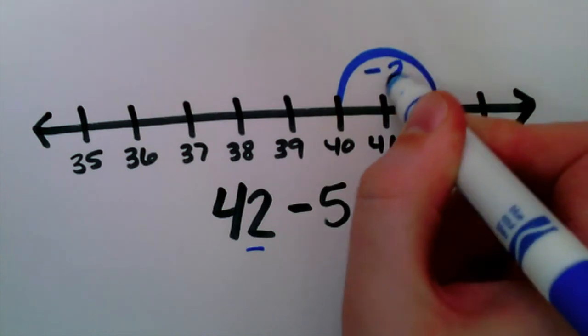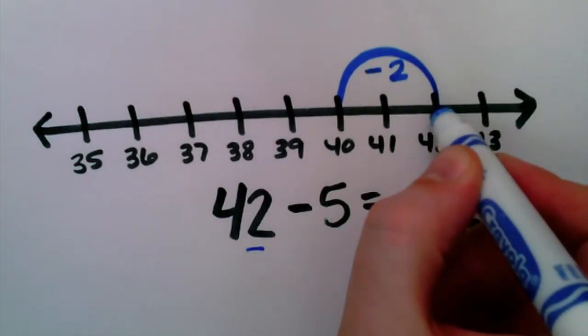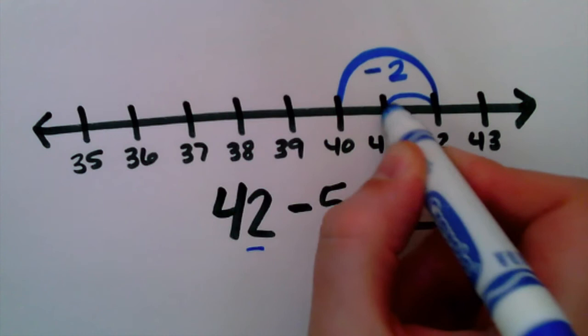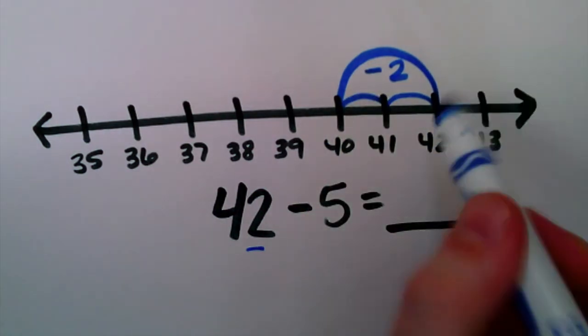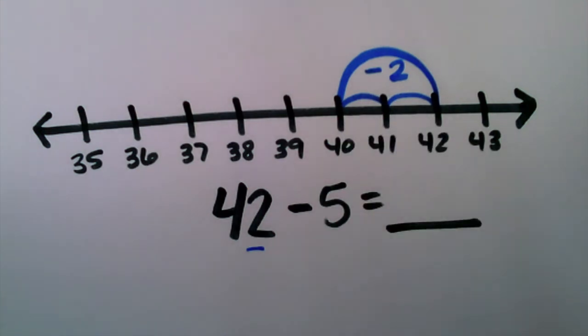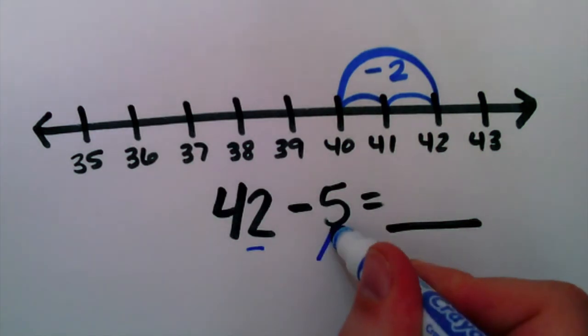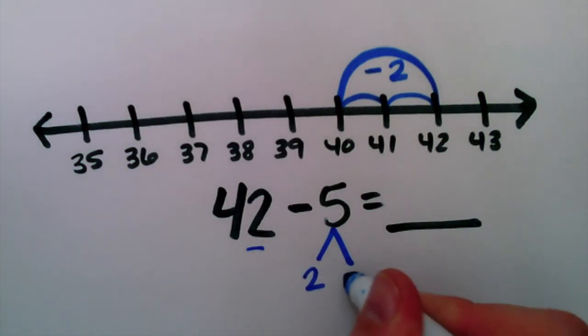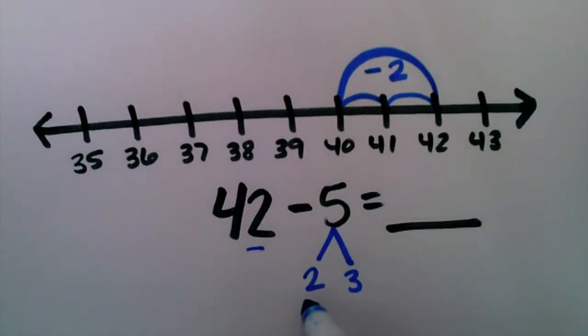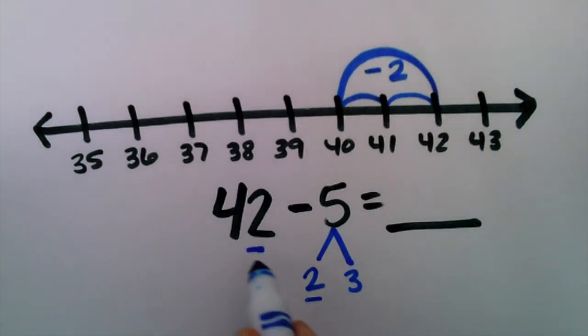I'm going to label it as minus 2. You can also check your work by drawing 1, 2 little humps to show that we're taking away 2 on the number line. How can I break apart this 5 to do this? Well, remember, 5 is made up of 2 and 3. Remember that we're choosing the number 2 because we needed to subtract 2 ones to get to 40.